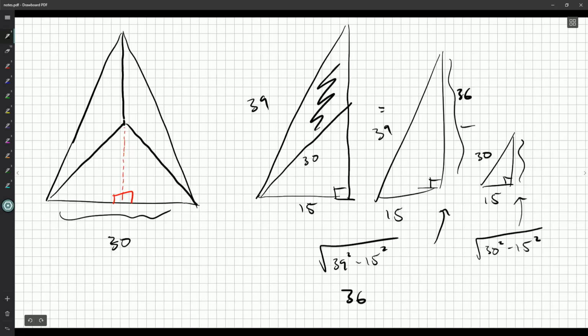So that's not the nicest thing. So the square root of 675, I can at least divide by 25. Looks like I can divide by 15. Yeah, 15 root 3.